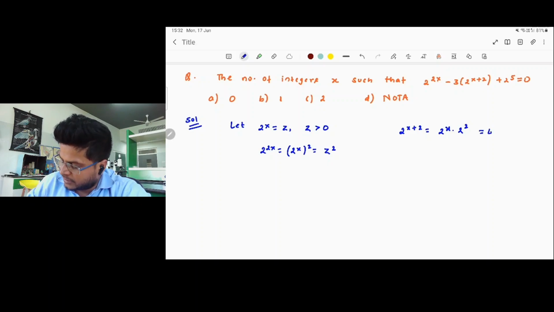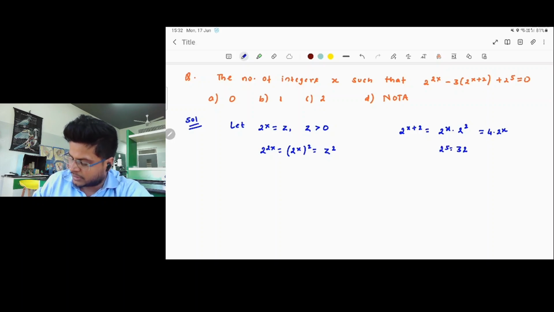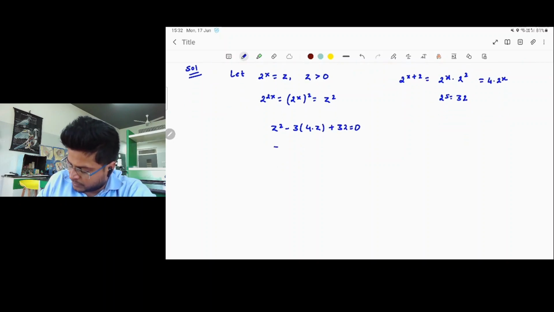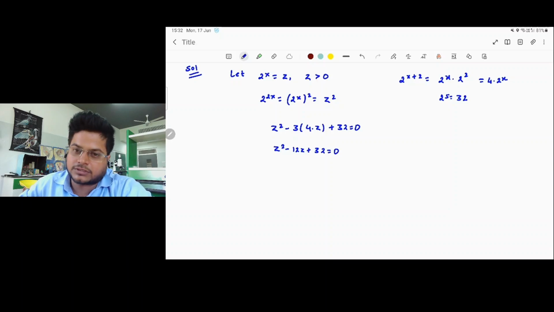So which we can write as 4 into 2 power x. And 2 power 5 we can write as 32. So the quadratic becomes z square minus 3 times 4 into z plus 32 equals 0. When you simplify this, you get z square minus 12z plus 32 equals 0.